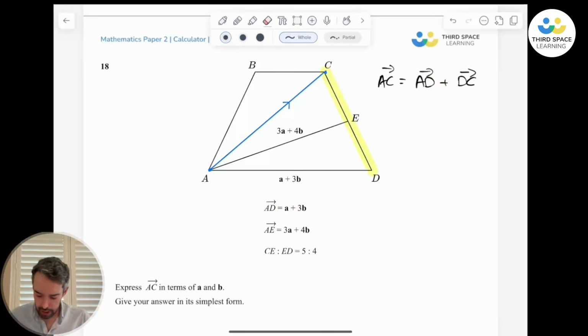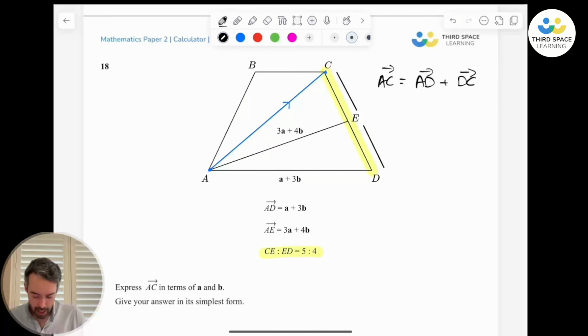Now, we're told that CE, which is this bit, is in the ratio 5 to 4 with ED. So if we worked out the vector for this part here, we could use the ratio to work out the vector of the whole thing.